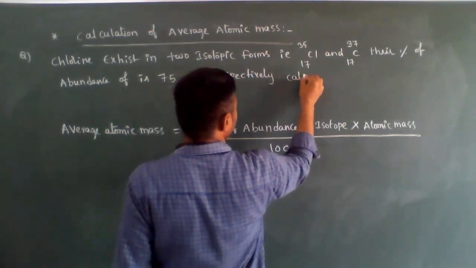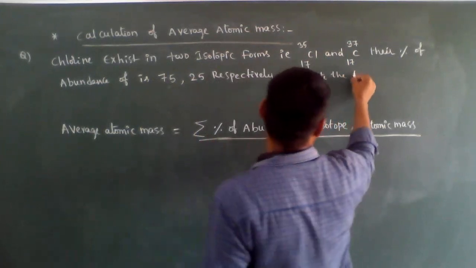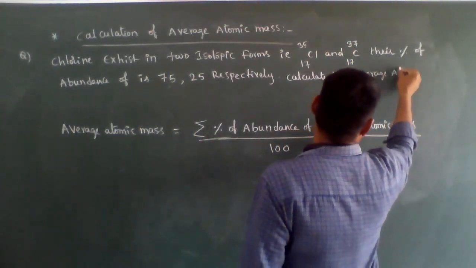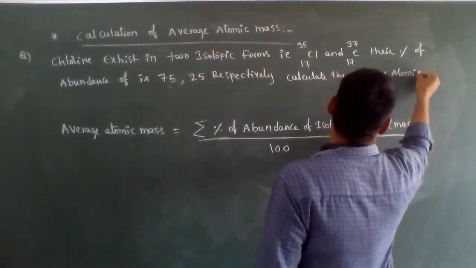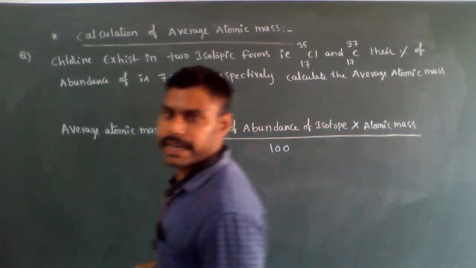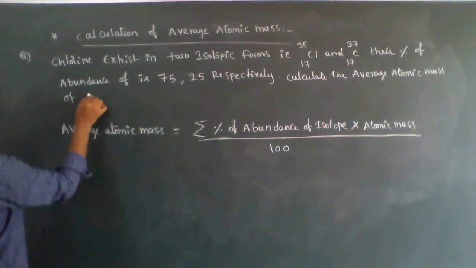Chlorine 1735 is the major one, 75%, and chlorine 1737 is 25%. Calculate the average atomic mass of the chlorine atom.